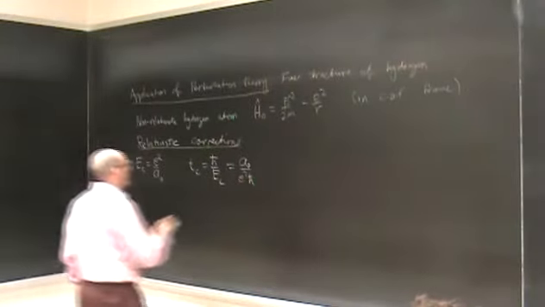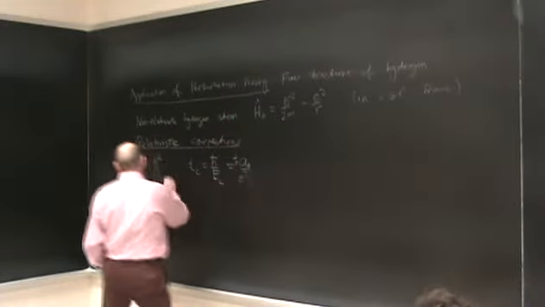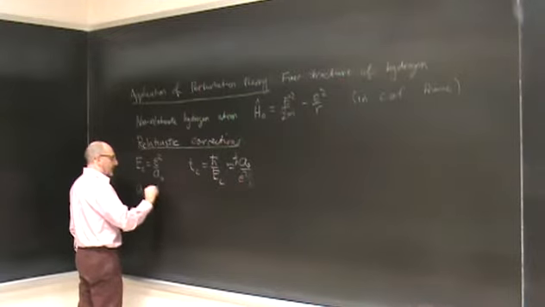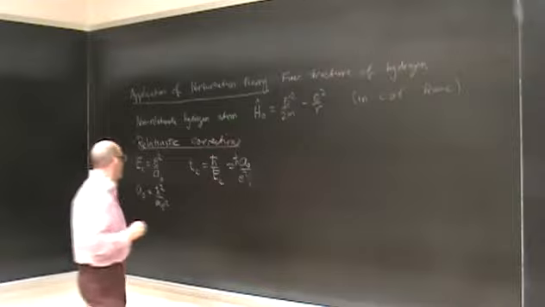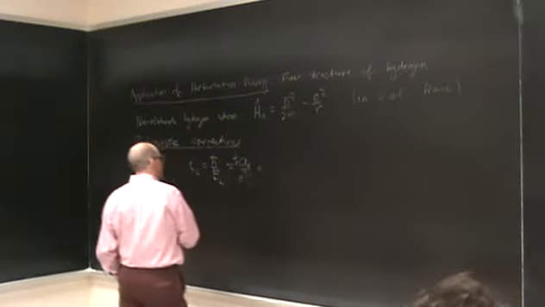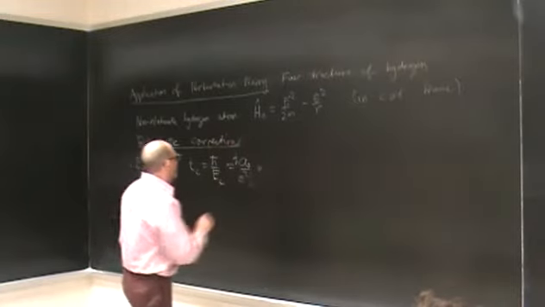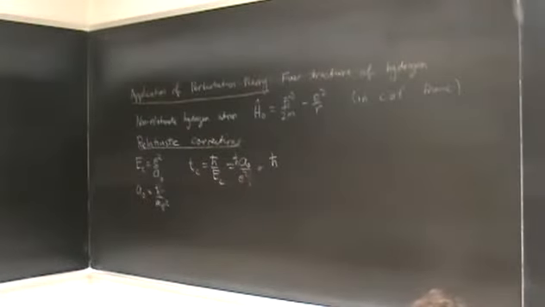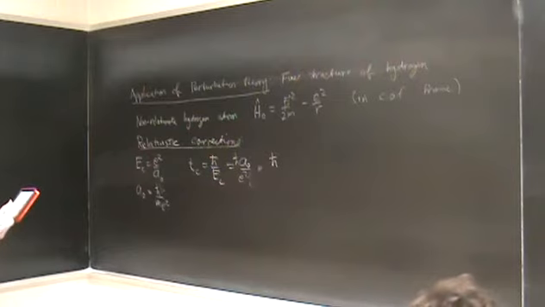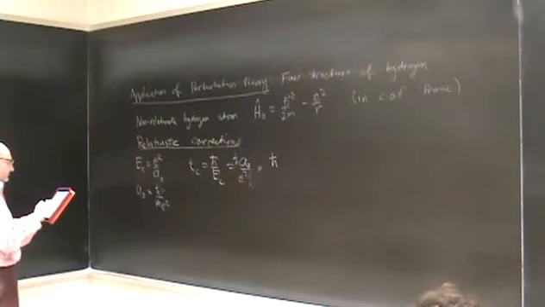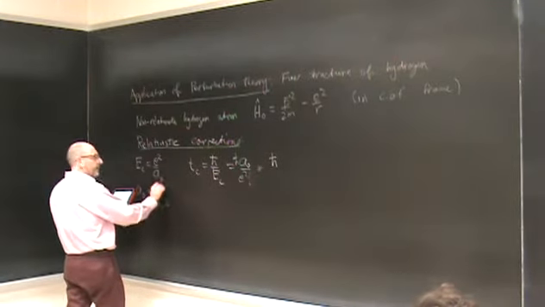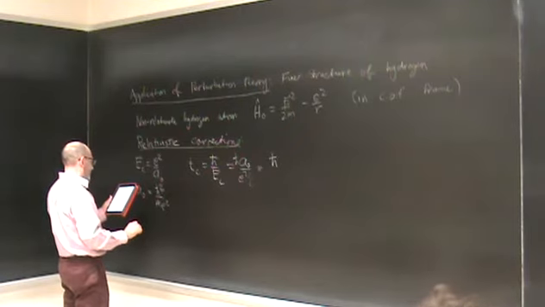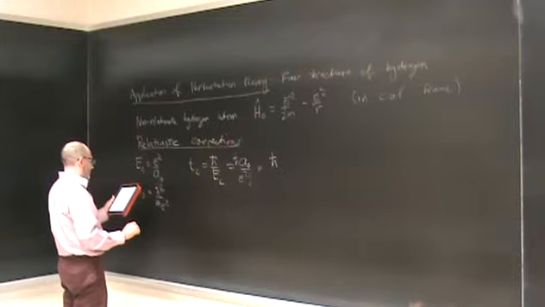And a naught is h bar squared over m e squared.